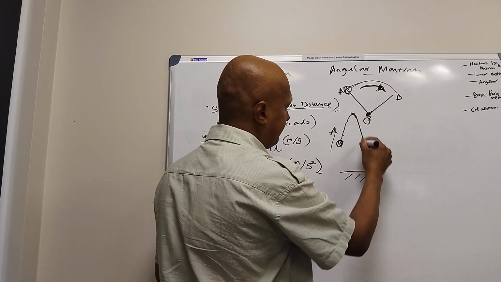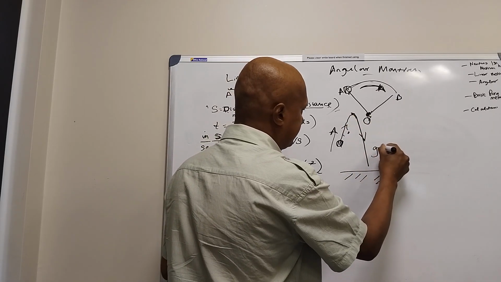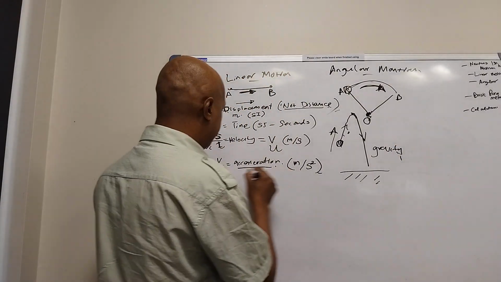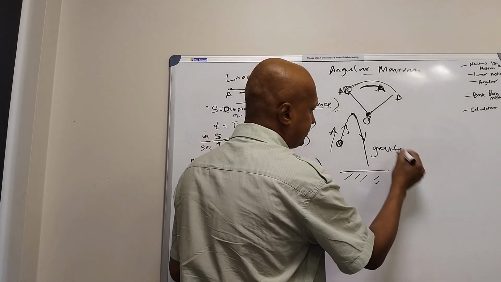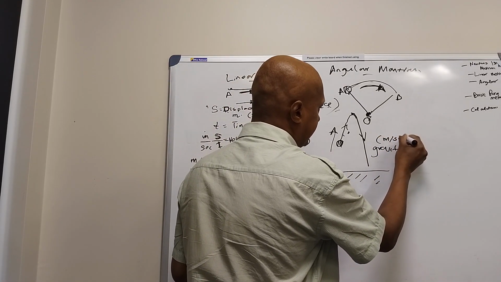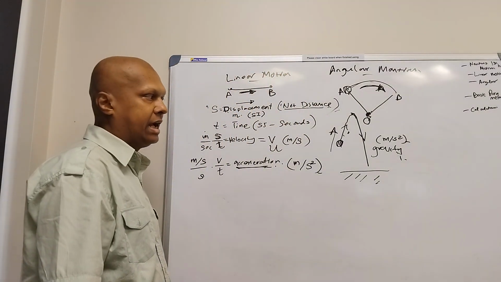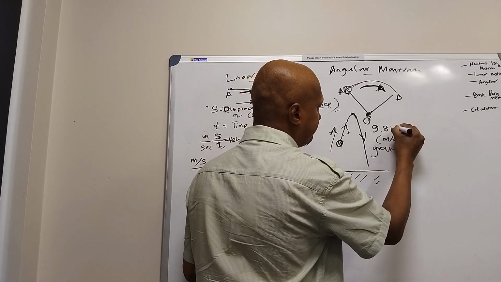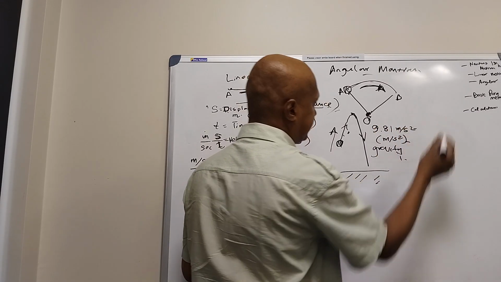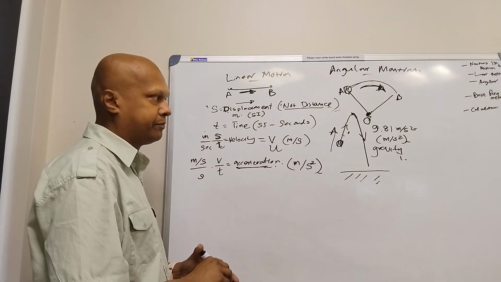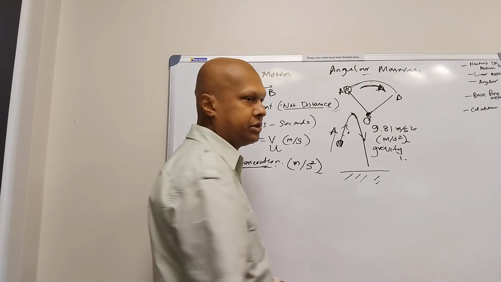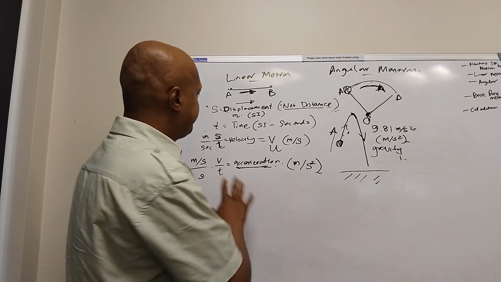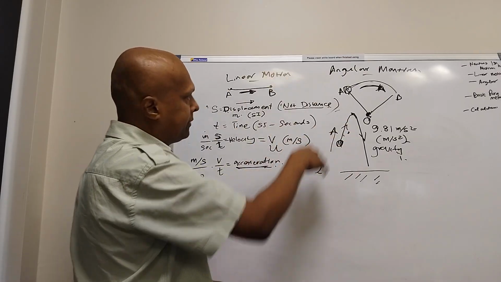This scenario happens due to gravity. So gravity is a type of acceleration. The unit for gravity is meters per second squared, and it is about 9.81 meters per second squared. It's one of the acceleration parameters we commonly use in our engineering calculations. So these are the basic parameters.